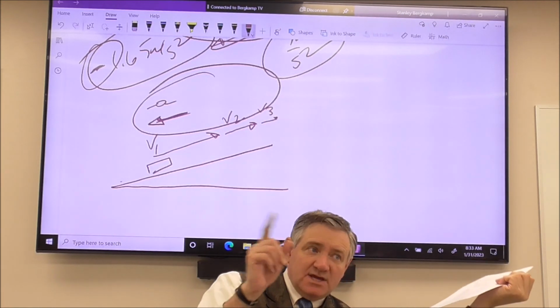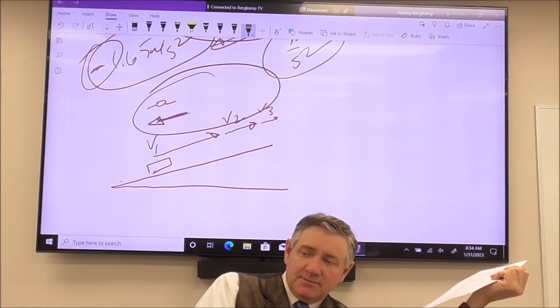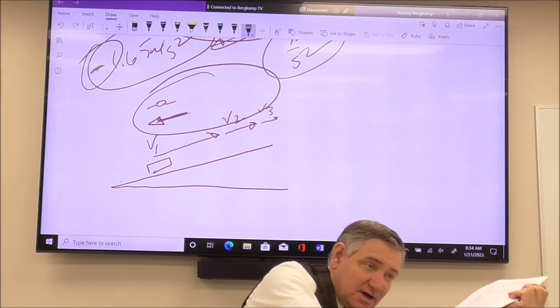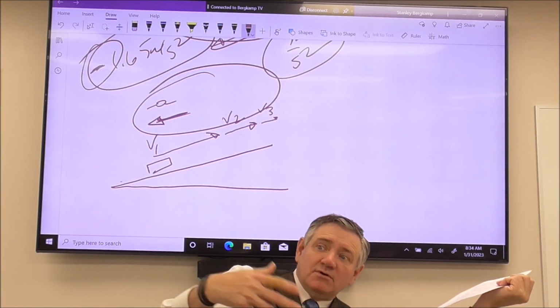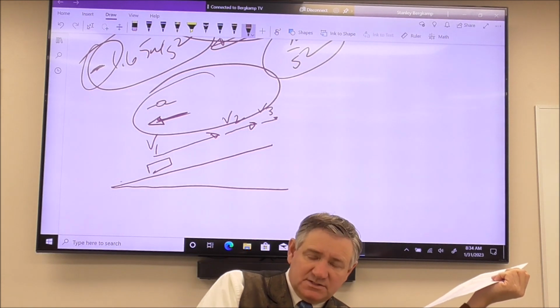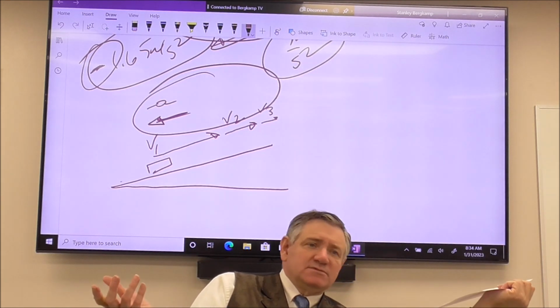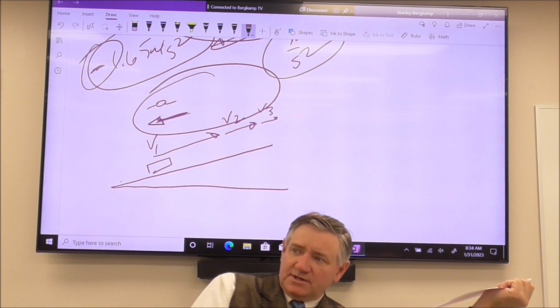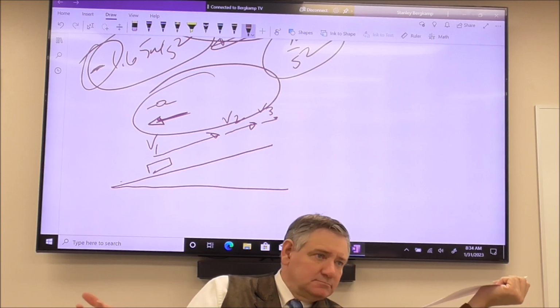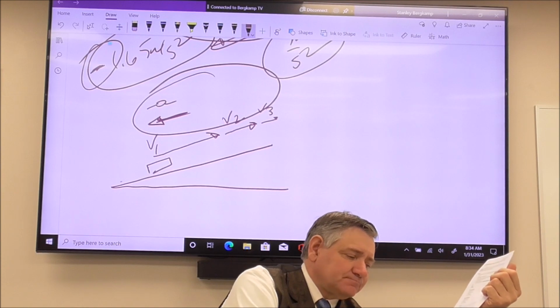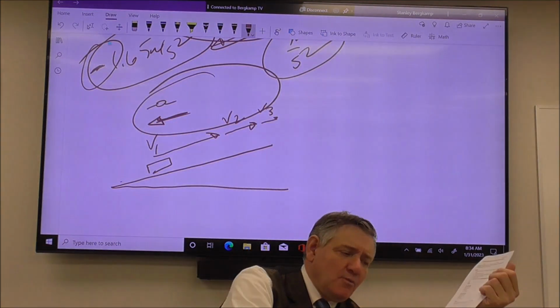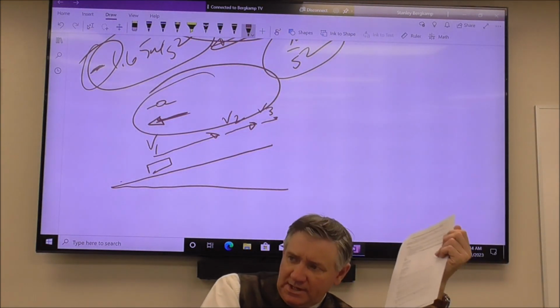One is that you can use a equals v minus v naught over time. Realize, oh, my final velocity is going to be 0. My initial velocity is going to be some value. I can look at the sign of my acceleration. You can look at it in terms of, hey, it's speeding up or it's slowing down. I don't care. Pick one. Then you're going to talk about what's going to happen on the way down.